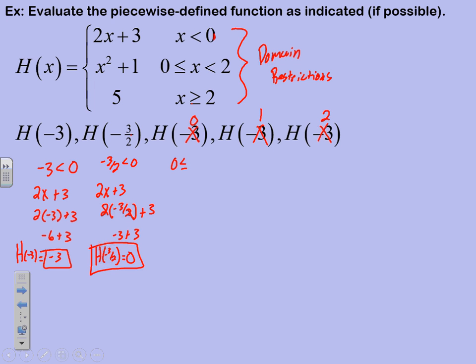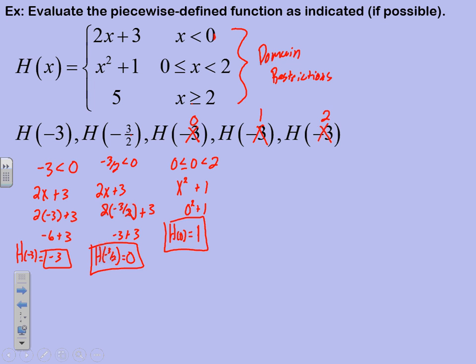So since 0 is greater than or equal to 0 and it's less than 2, it's going to go into that second part. So we're going to say x squared plus 1 and just substitute 0 into it. So 0 squared plus 1 is just 1. So h of 0 is equal to 1.